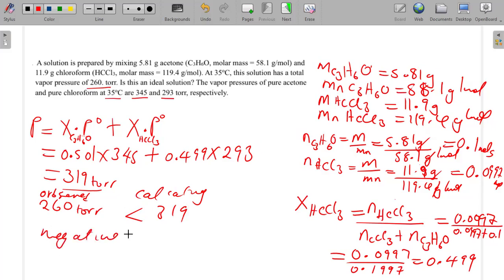So that means that our solution is not an ideal solution. So that's the final answer there. This is not an ideal solution. Okay, so that's what we have here.